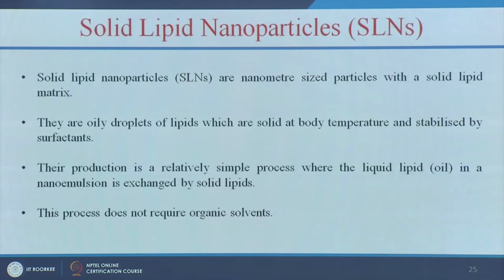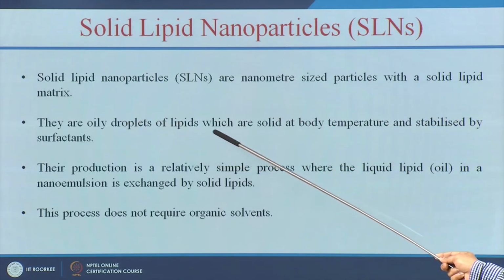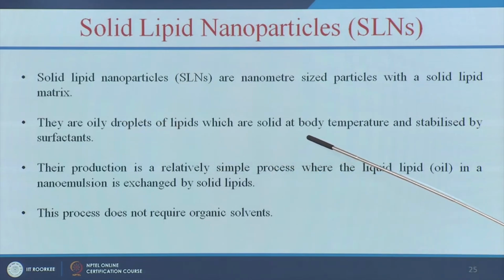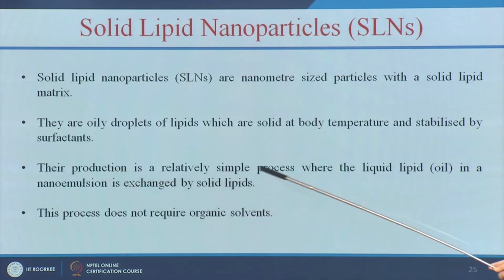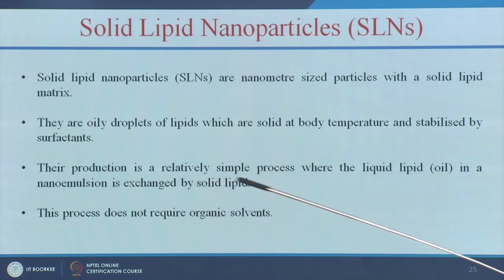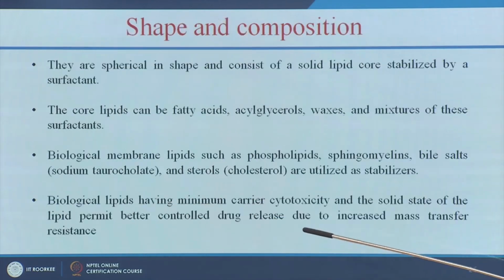So, let us see what solid lipid nanoparticles are. Solid lipid nanoparticles are nanometer sized particles with a solid lipid matrix. These are oily droplets of lipids which are solid at body temperature and are stabilized by surfactants, and their production is a relatively simple process where the liquid lipid oil in a nano emulsion is exchanged by a solid lipid, and this process does not require any organic solvent.